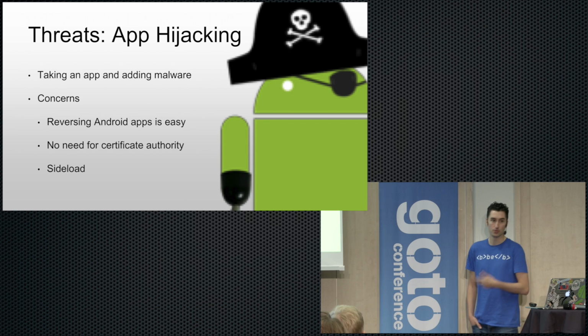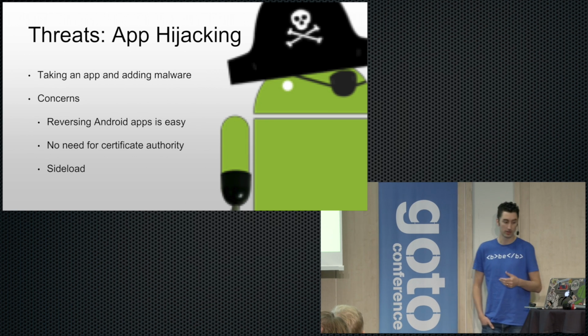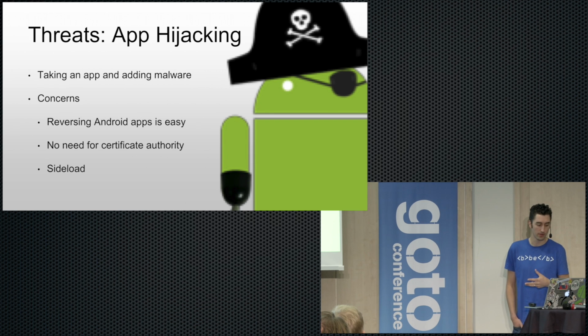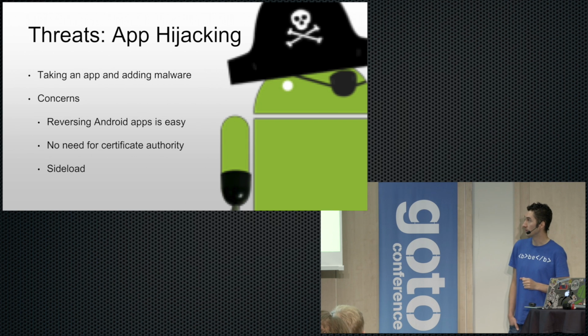You dupe users into installing that from phishing emails or something like that. The concern is that reversing Android apps is pretty easy. There's a talk this afternoon which covers some of this, so I'm not going to go into too much detail now.